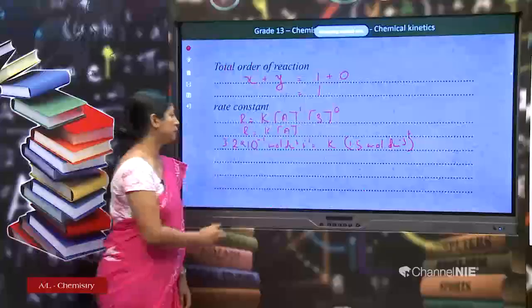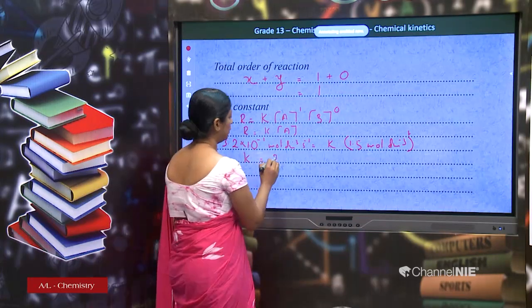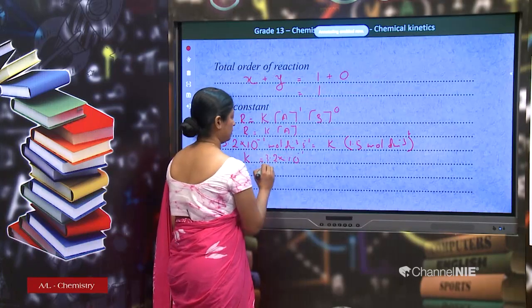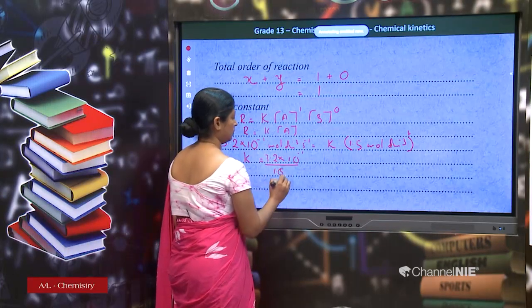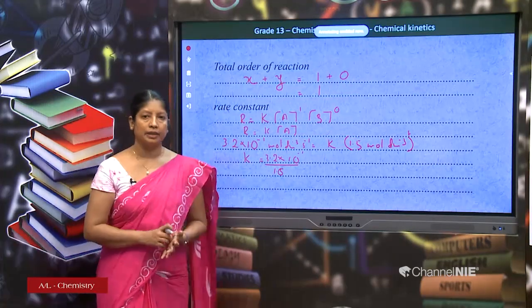So, then all you need to do is simplify this equation to find out the value of K. So, this is how we calculate rate constant.